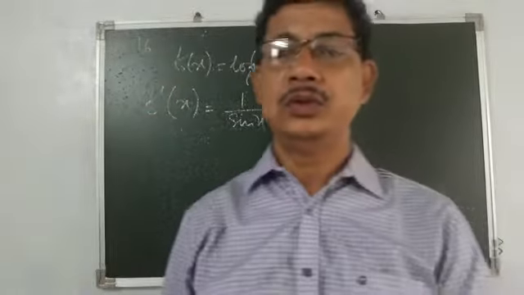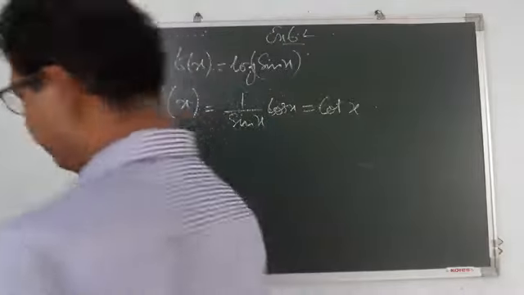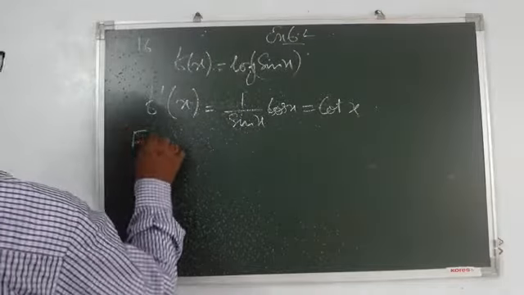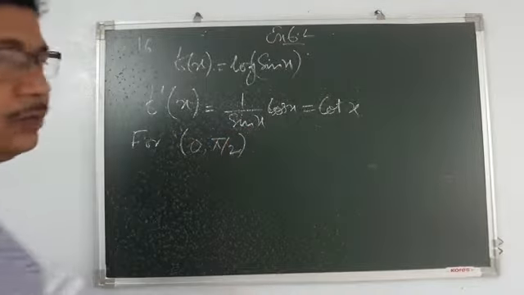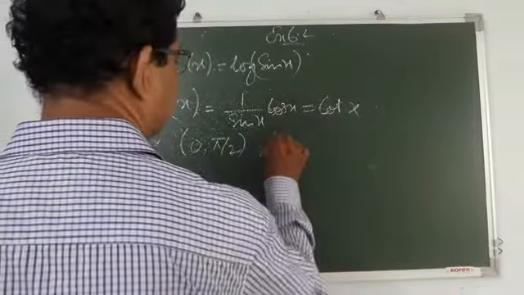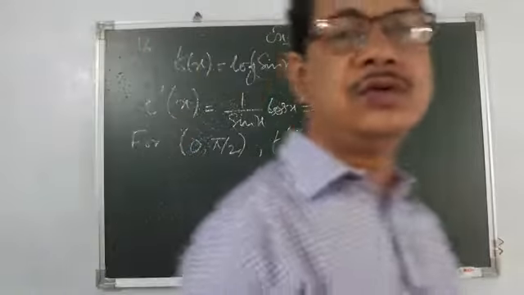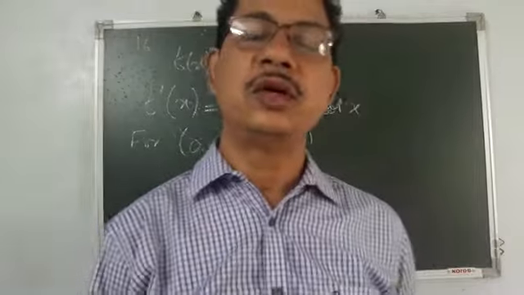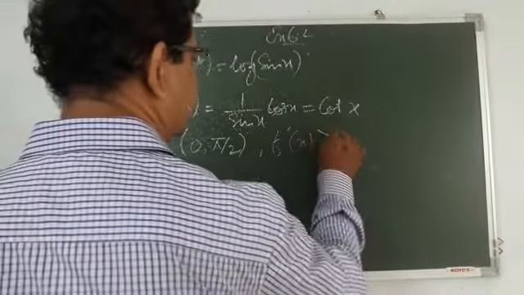Now you check within that interval what it is. For 0 to 90, if you consider this interval, f dash x, that is cot x. If we take any value from 0 to 90, then cot x is always positive, so it is greater than 0.